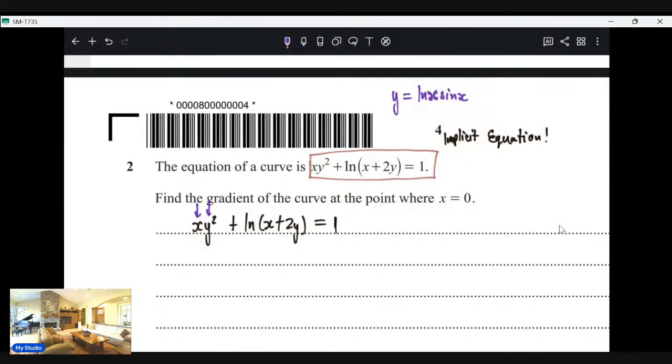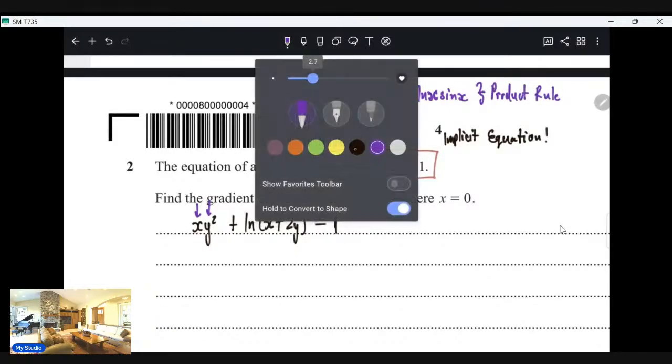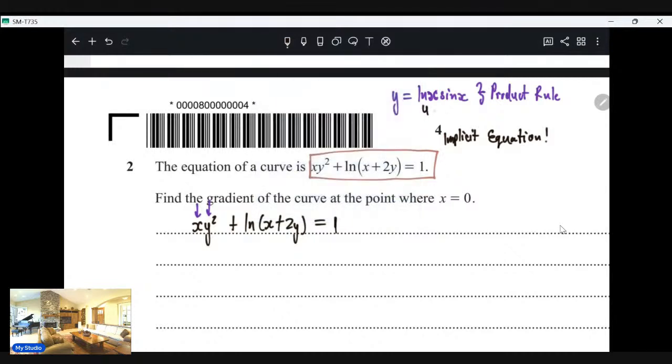You must use the product rule, right? Because they are multiplying each other. We have this first function and this second function and they are multiplying, so the only way to differentiate is the product rule, because product rule is used when two functions are multiplying. Now, remember we said x and y are functions.